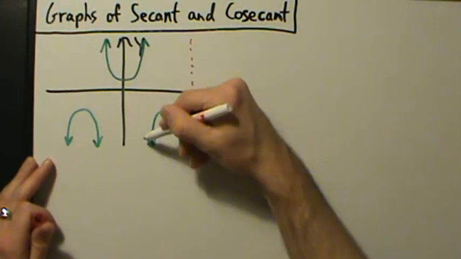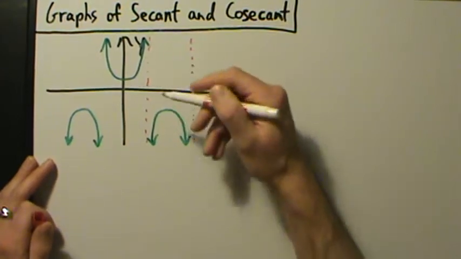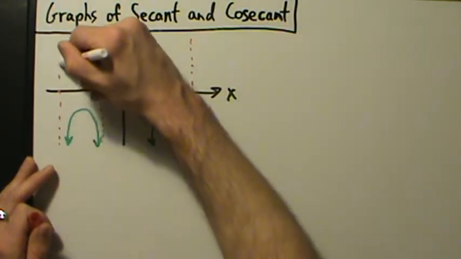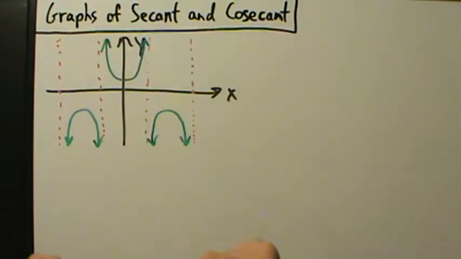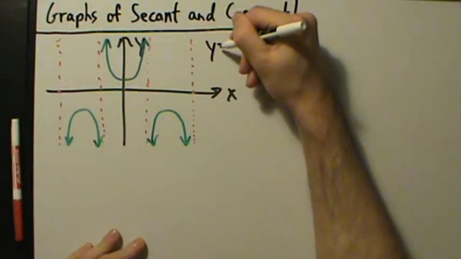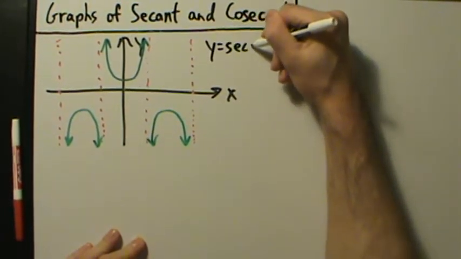Okay, so this is 1.5 complete cycles. But anyway, this is the function y equals the secant of x. We just drew it, we just saw how to get the shape and everything. So this is y equals the secant of x.